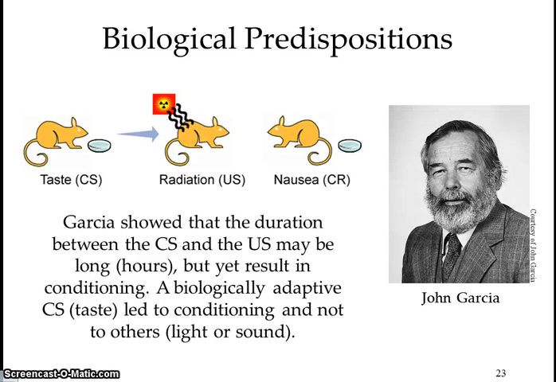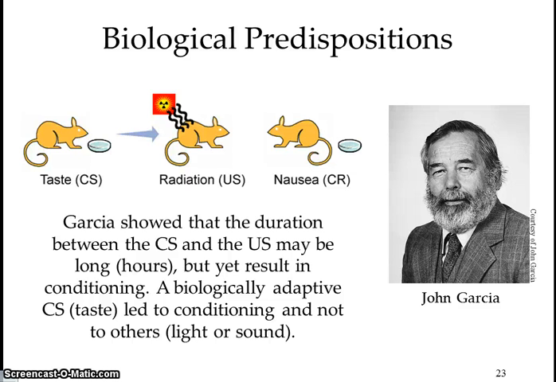So, biological predisposition. Garcia is another one of these behaviorists. What Garcia does is he lets the little rat taste something good. This is the conditioned stimulus. You taste something, a delicious little mouse treat. Then he gives him some radiation. The radiation is the unconditioned stimulus, and it's going to make the rat sick. And then the conditioned response is: he ate that food, he got the radiation treatment, he got sick.